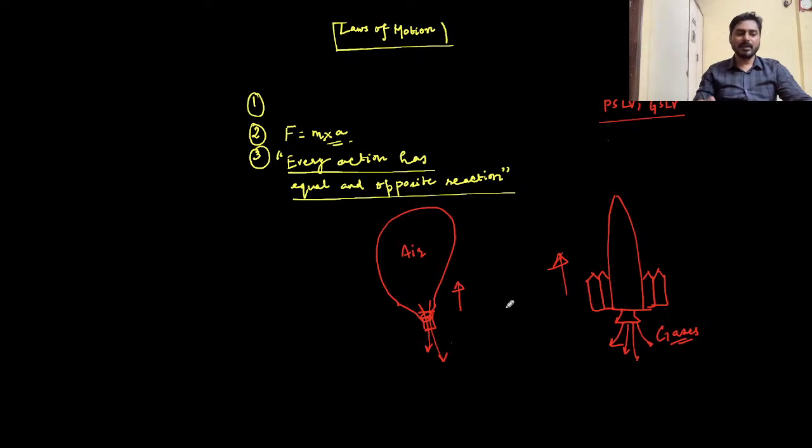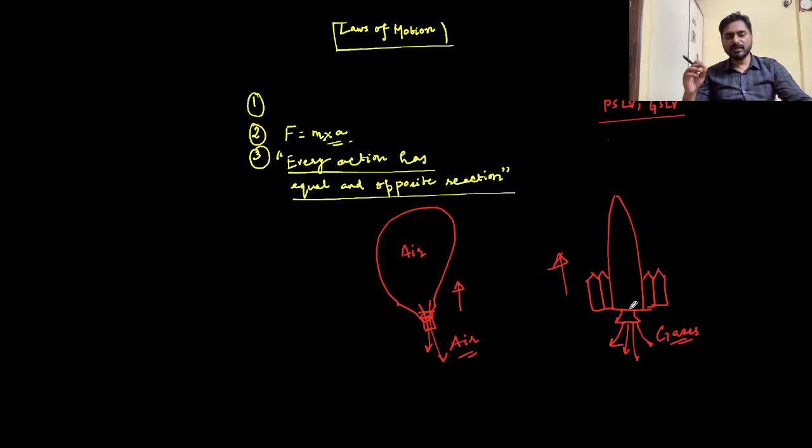What will happen is that since the air is moving in this direction, the balloon will move in this direction. So in rockets also we are utilizing the same principle: we are producing hot exhaust gases, and those exhaust gases are moving out in one direction and the rocket is moving in another direction.